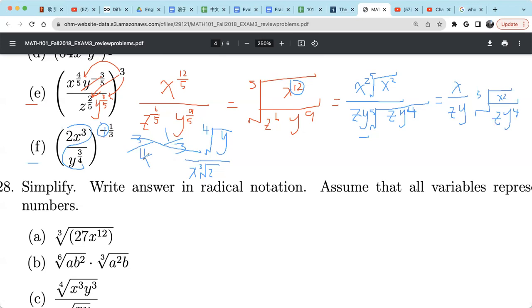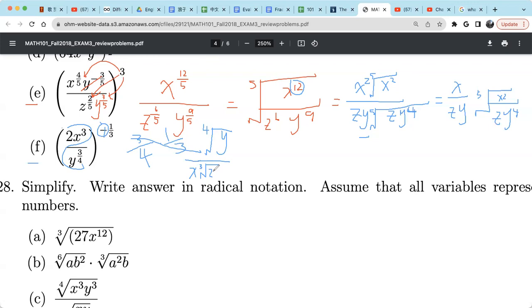Then 2x cubed becomes the denominator now, raised by 1/3 again. So 2 raised by 1/3 is the cubic root of 2. And x cubed raised by 1/3, so 3 times 1/3 is just 1, so we just get x.